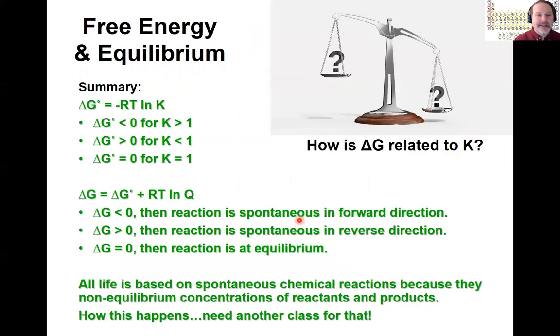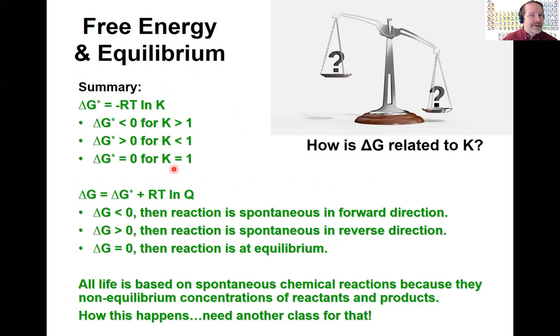And in summary, what we see then is we can calculate how delta G naught relates to the equilibrium constant. And remember, delta G thermodynamic variables are important if they're positive or negative or 0. We relate that to equilibrium constants that are important if they're greater than 1, less than 1, or equal to 1.